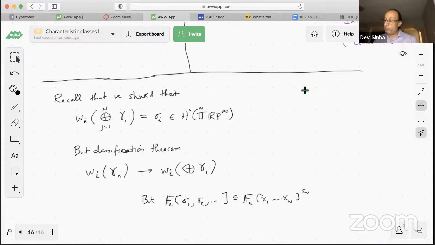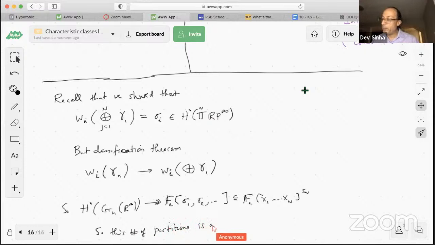The cohomology of Gr_n, let's go up to R infinity, surjects onto that. But you then see that the number of partitions is a lower bound.